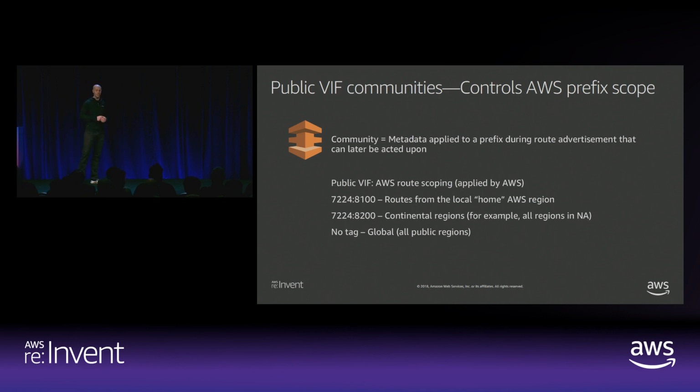Based on this filter, you can either accept or deny these routes into your route table. So in this case, you would probably accept all routes that are tagged with 7224:8200. If you do not filter based on any communities and you just allow the default, you'll receive all the global public routes.